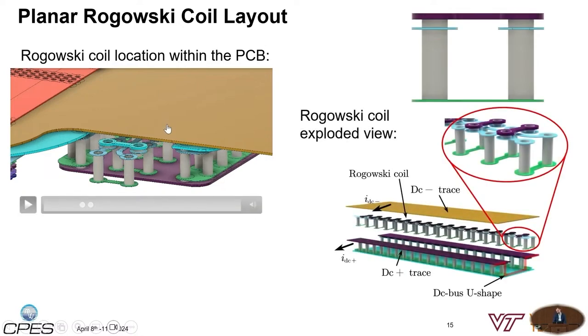So we utilized PCB traces and the via structure to create the Rogowski coil. For better visibility, I'm displaying the same Rogowski coil sensor in an exploded view in the bottom right, where we have highlighted in yellow brownish the DC minus trace, and at the bottom we have the DC plus trace. In between, again created with traces and vias, we have the Planar Rogowski coil, where it doesn't circumvent the current carrying trace, it's just placed adjacent to the current carrying traces.